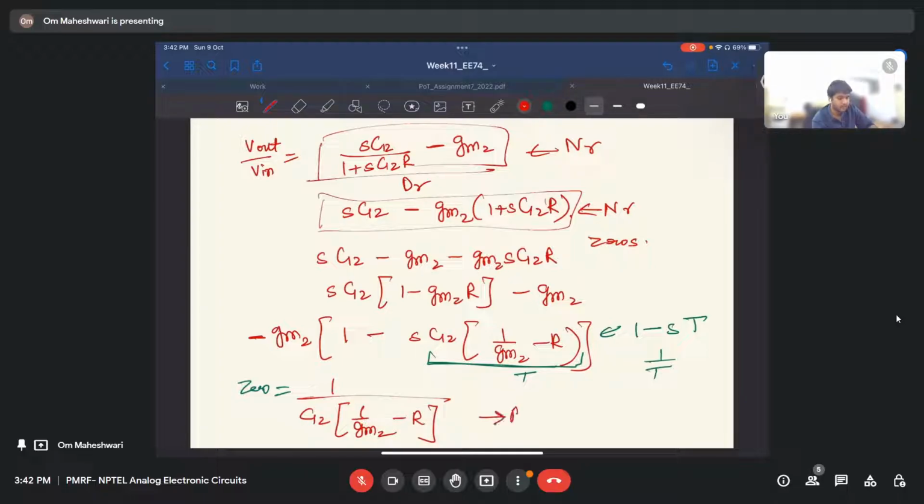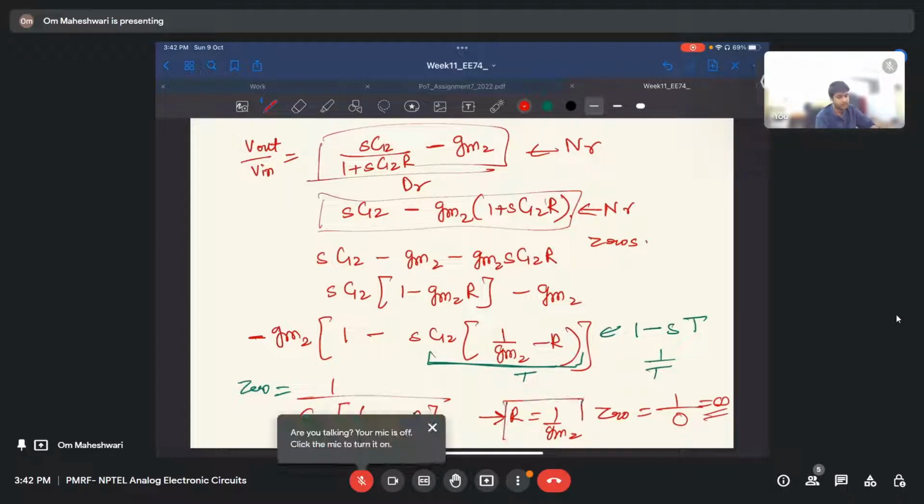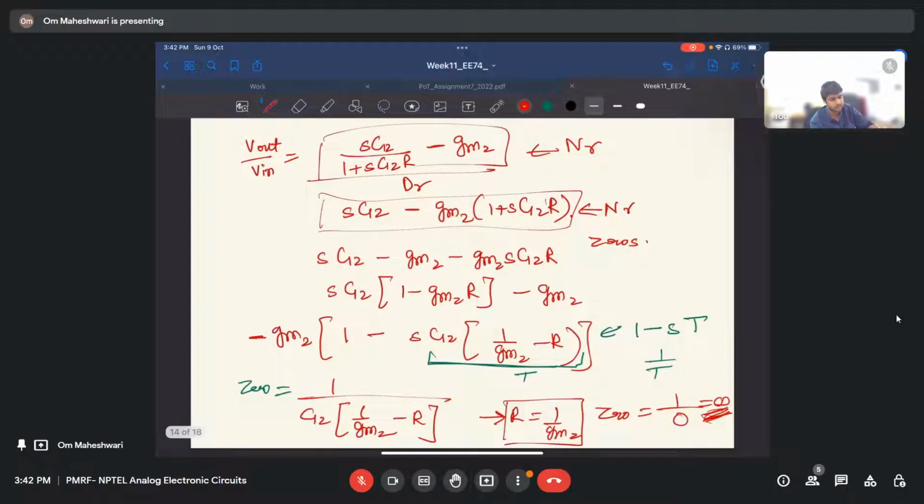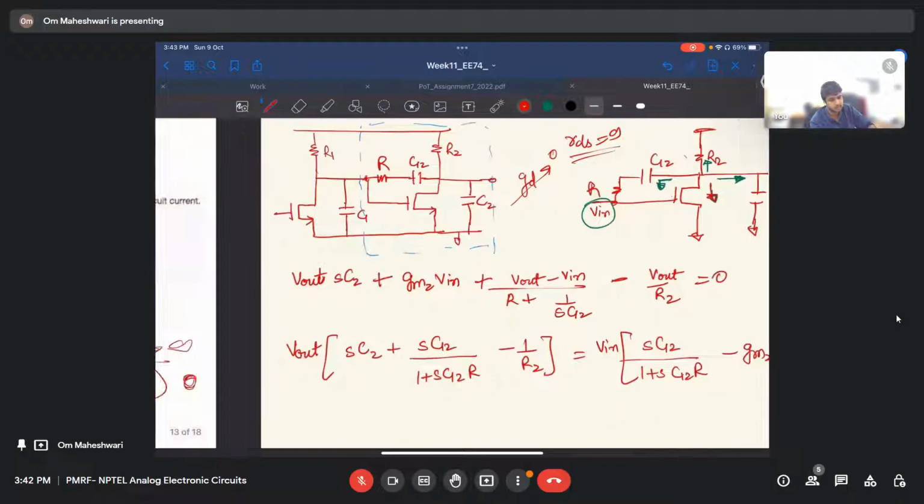Now if this R equals 1 by GM2, our zero is 1 by 0, that is at infinity. So if R is 1 by GM2, we can move our zero to infinity. That essentially means that we do not have a zero, and we want that in our circuit. That is why we take R as 1 by GM2 here.